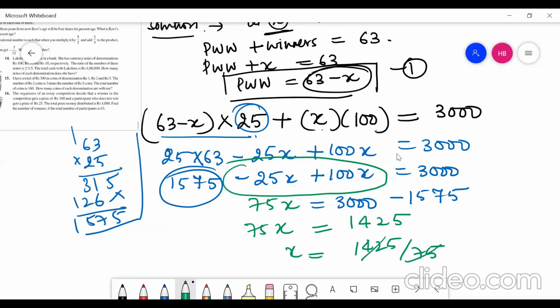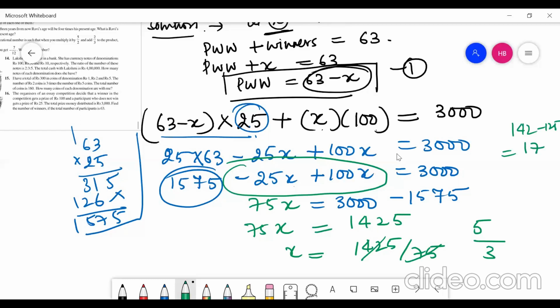So if I divide by 25: 25 fives are 125, so 142 minus 125 gives 17, and I get 175.